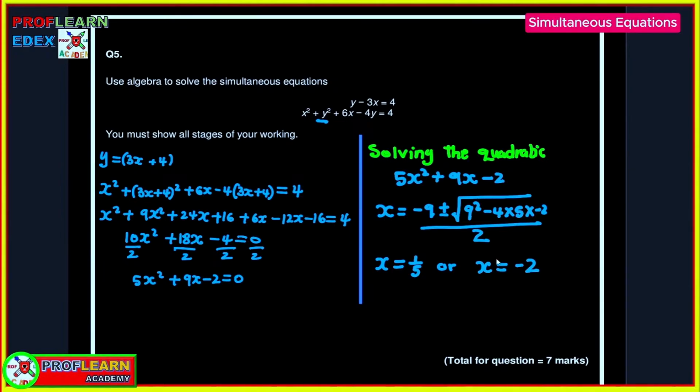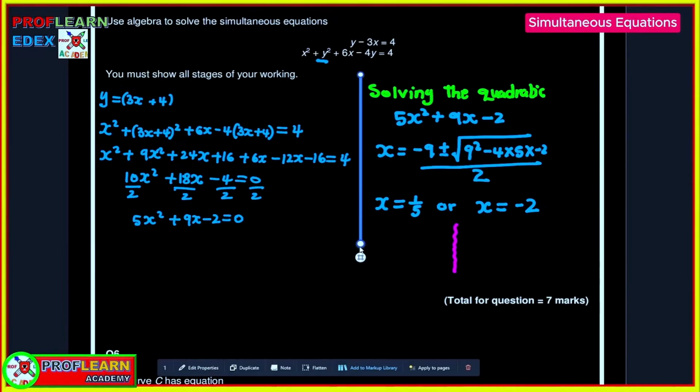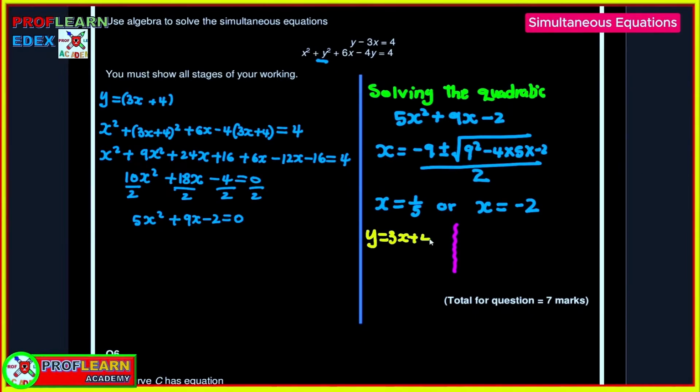So you see, we have two values of x, so also we are going to get two values of y. So when x is 1/5, we can get the value of y in that case. So we can substitute into this equation here, and then work out things. We are going to get the value of y being equivalent to 3/5 plus 4, and you can just put it in a calculator and work it out.